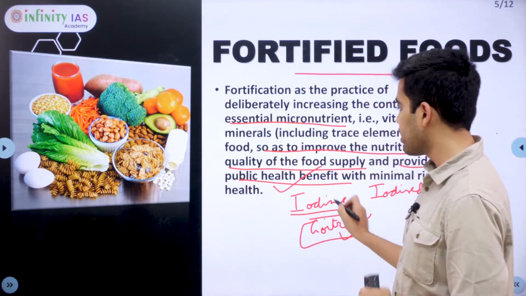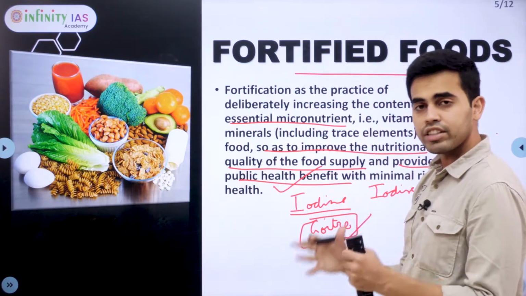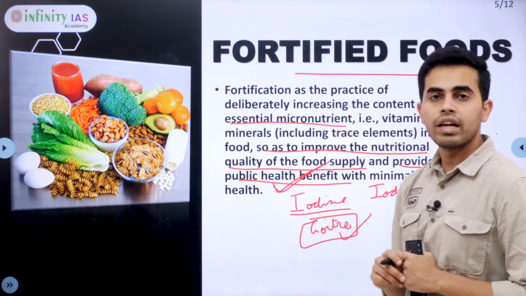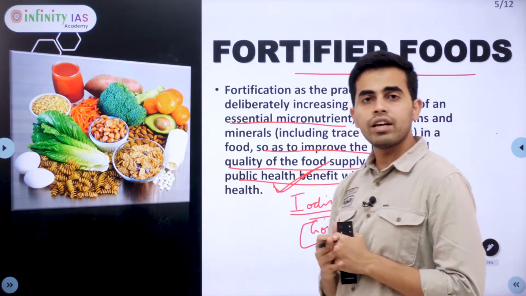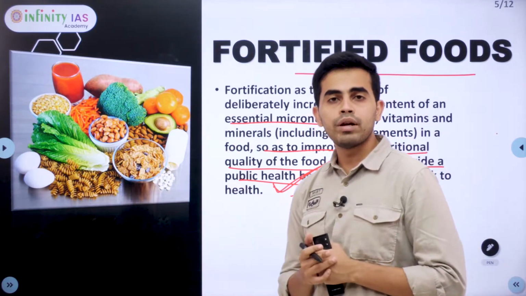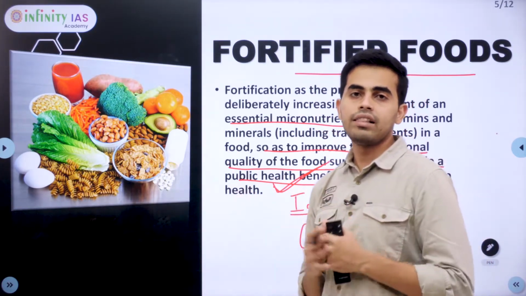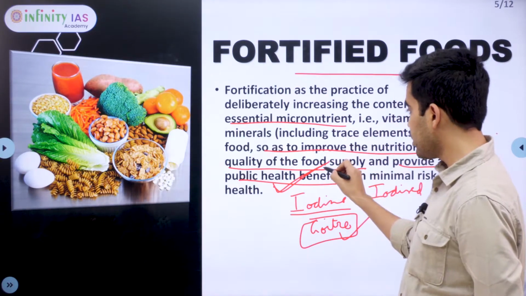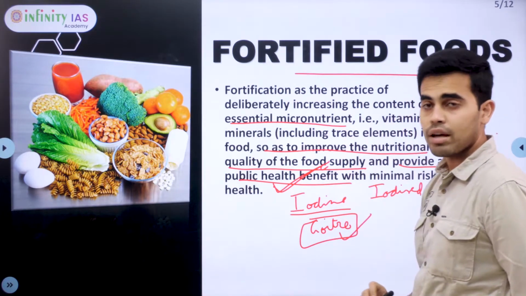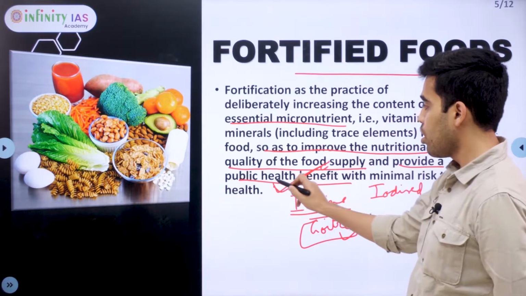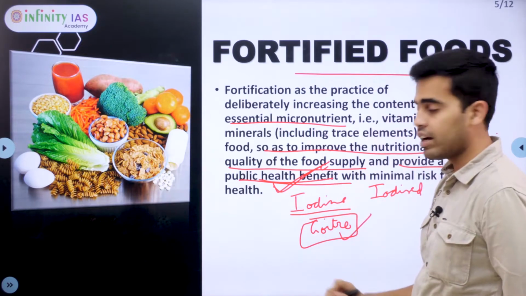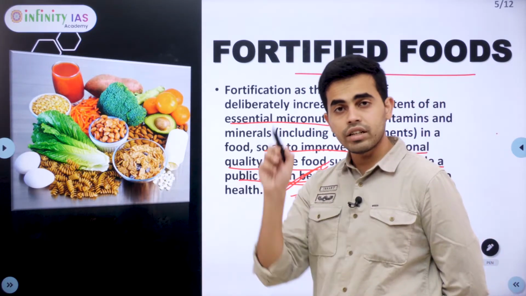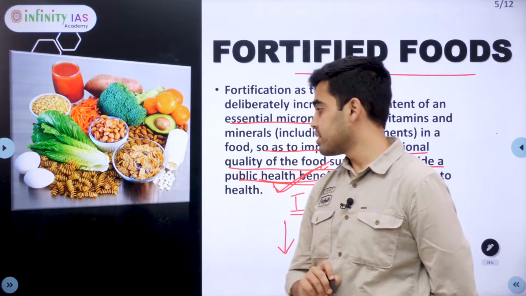That is goiter, and if there is iodine deficiency in the food intake, it will become a public health problem. That is, if many people are having the same thyroid problem, it becomes a public health issue. So by adding iodine in salt, we have improved the quality of food supply and have also had this public health benefit. That is, the incidence of goiter in the population has considerably decreased.